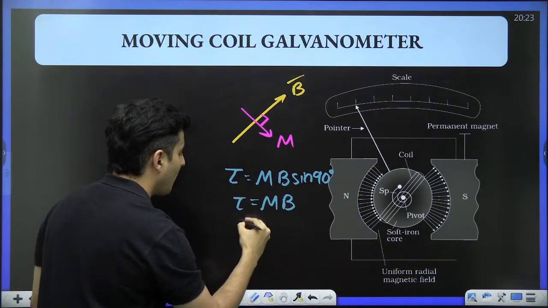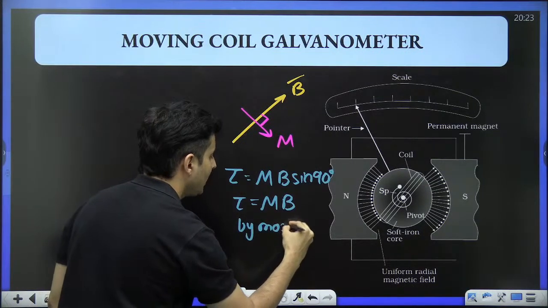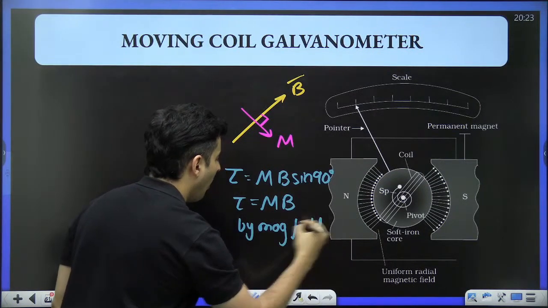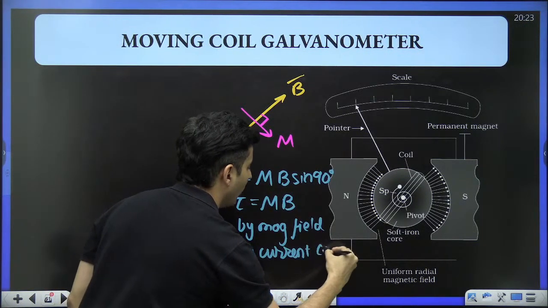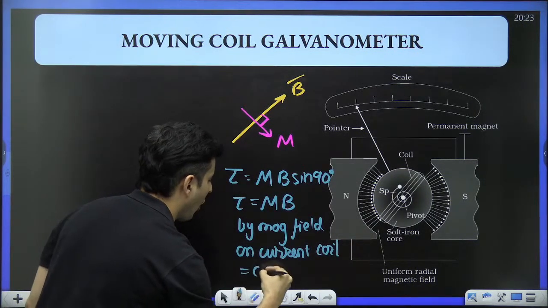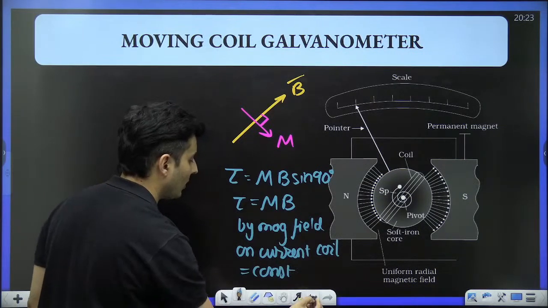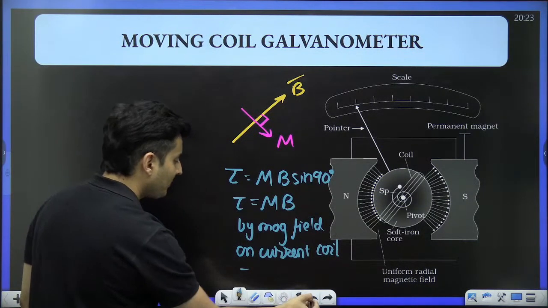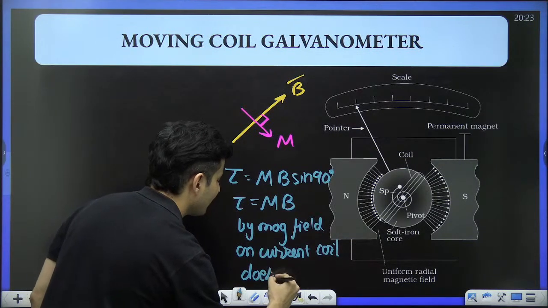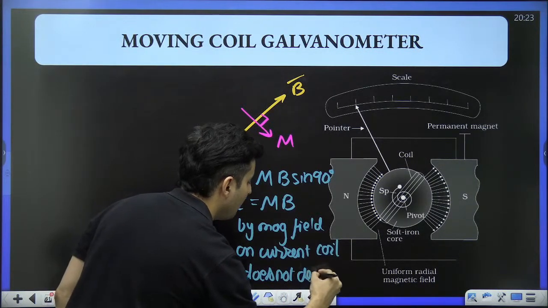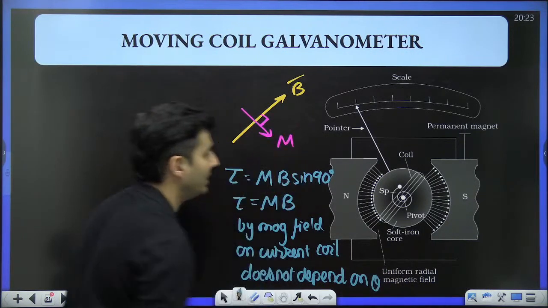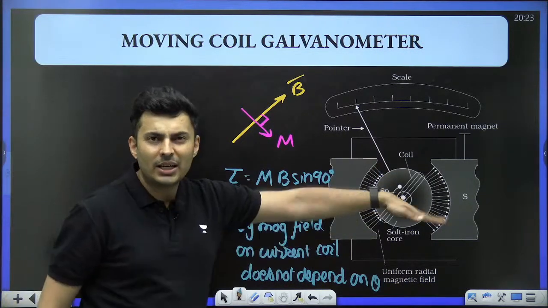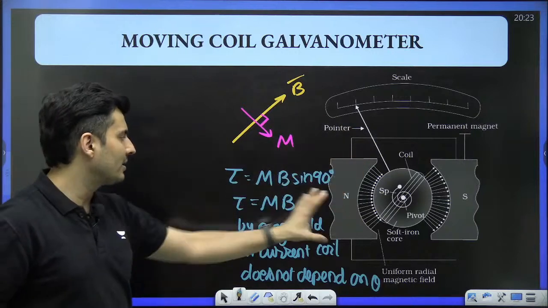So the torque by the magnetic field on the current carrying coil is a constant. I will say it does not depend on the angle theta. What angle theta it makes does not matter. It is always a constant.